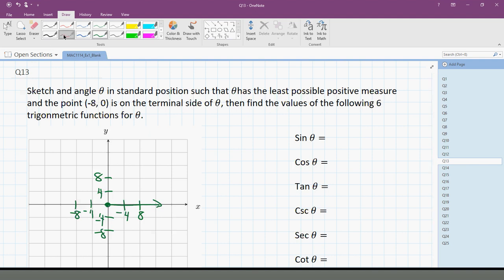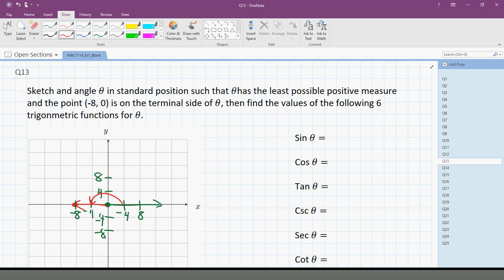Where does the terminal side of this go then? Yeah, it'd be at pi, right here, because this guy is my negative 8, 0, right? And so this guy rotated that direction. So that would be the picture you're looking for. And now, since you already know what's going on, this guy's going to be like pi.